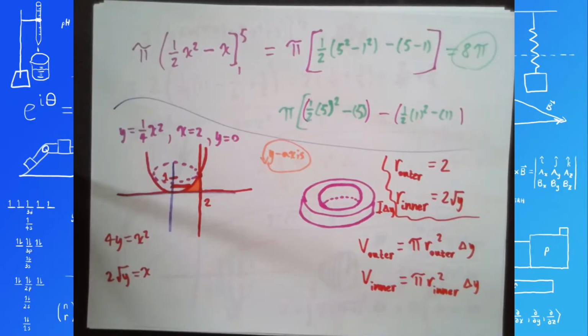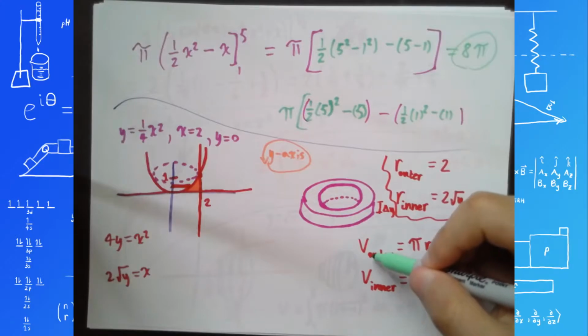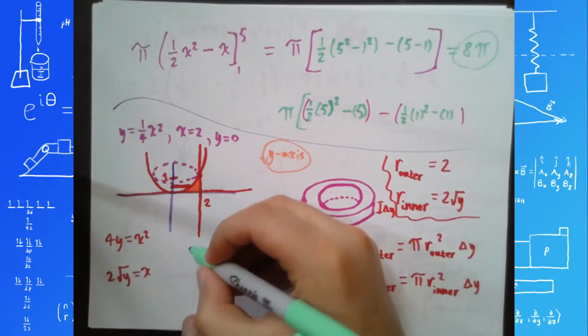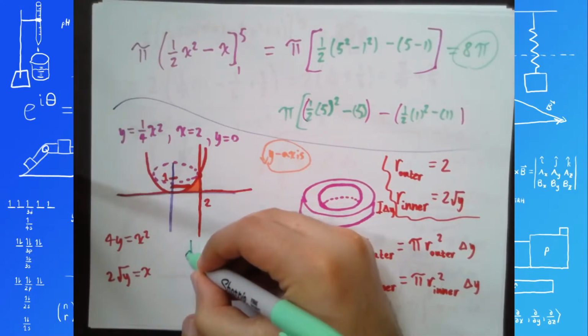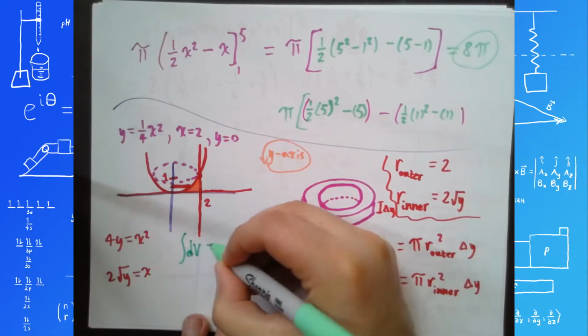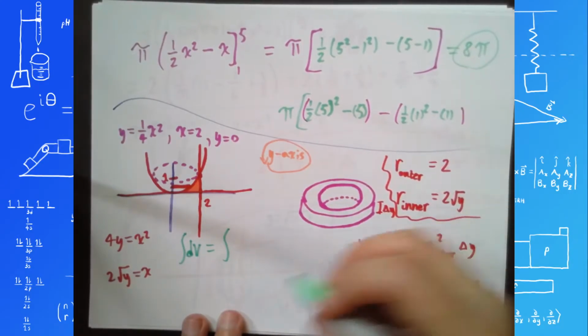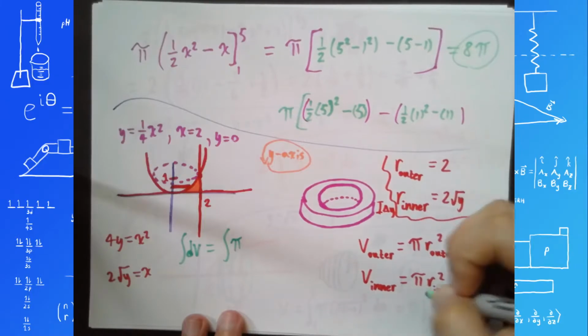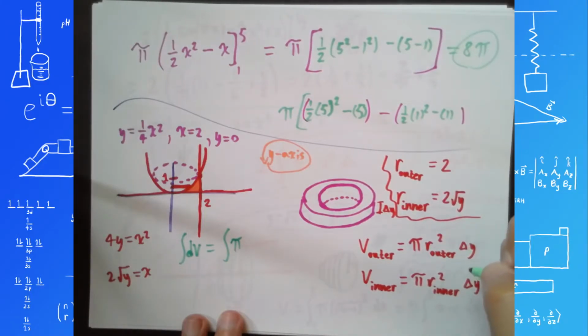And if we want to put this in calculus terms, if we want to make these super thin washers, then our delta y becomes a dy, and our v's become dv's, and our total volume is the outer volume minus the hole, so dv outer minus dv inner gives us dv total equals pi times r outer squared times dy minus pi times r inner squared times dy.